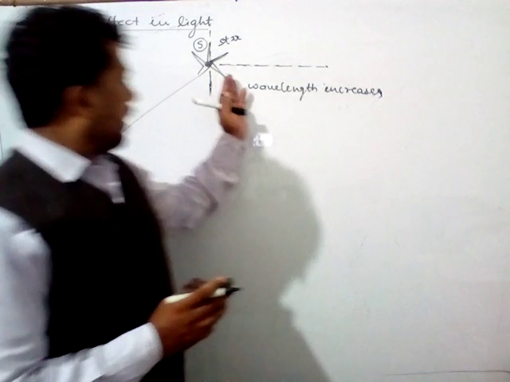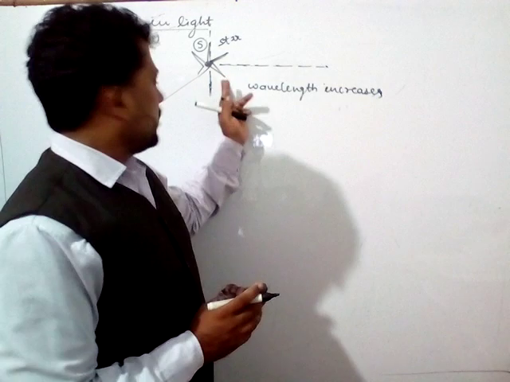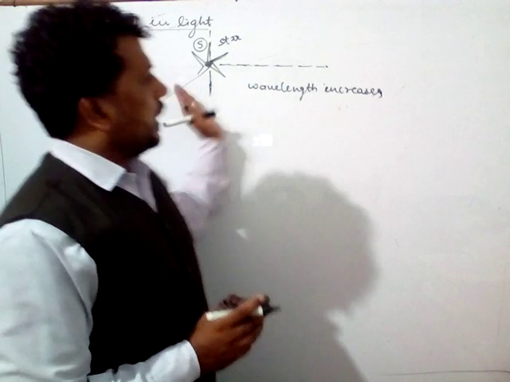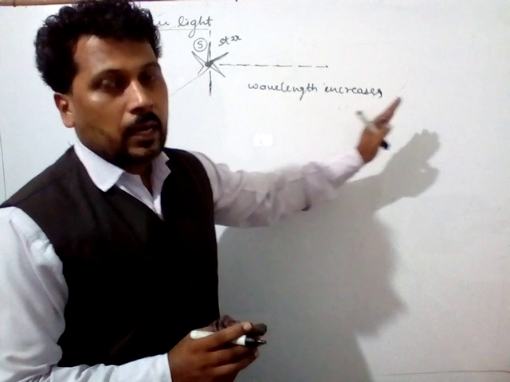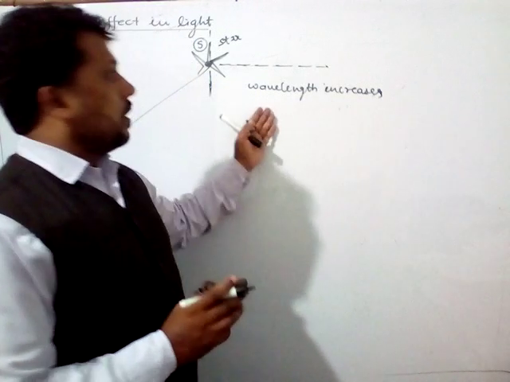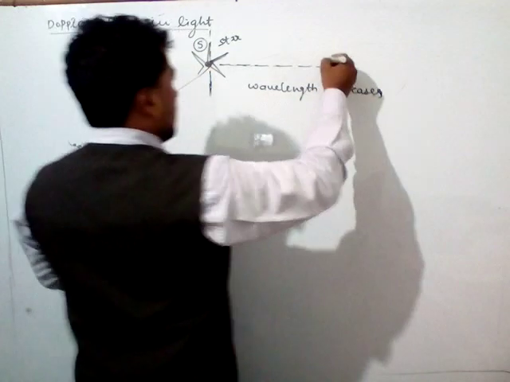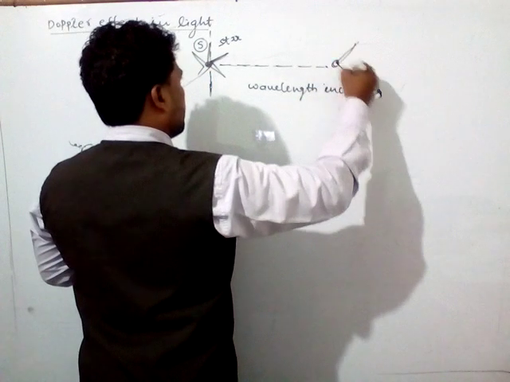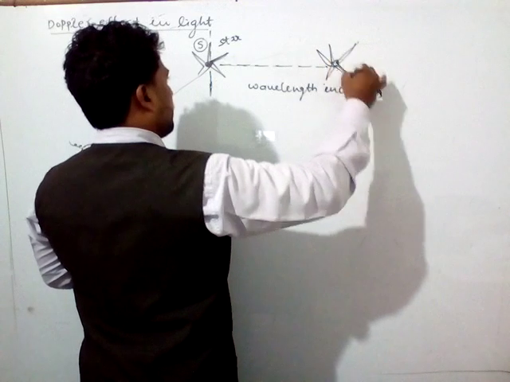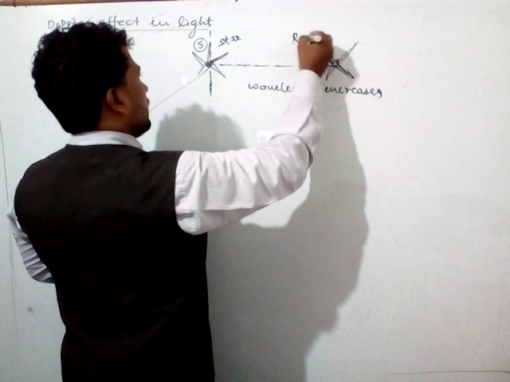So whenever the position shifts towards the forward direction, or towards the red color side, forming an increment in the wavelength, it is known as red shift.